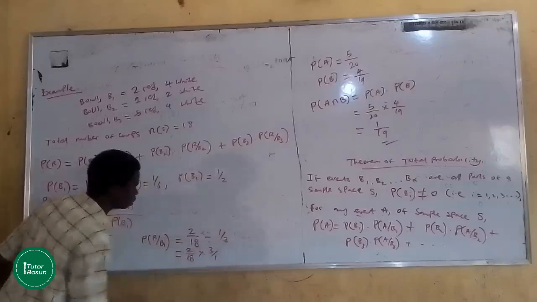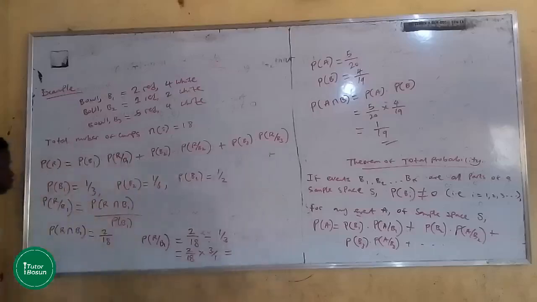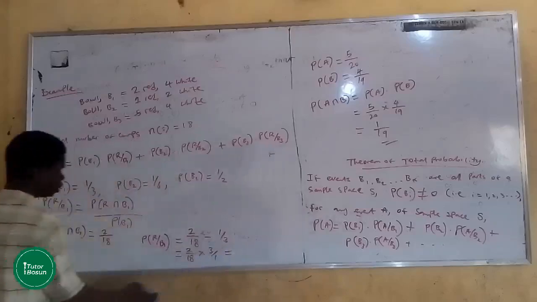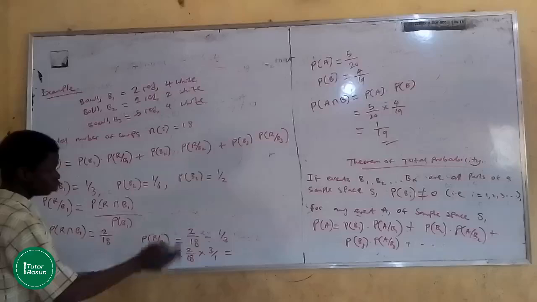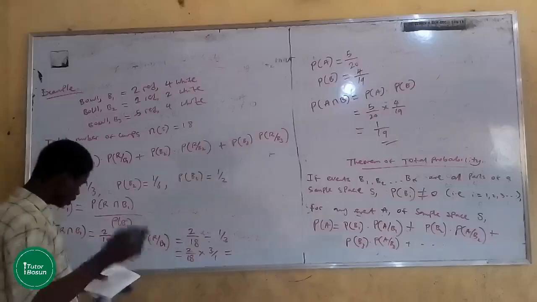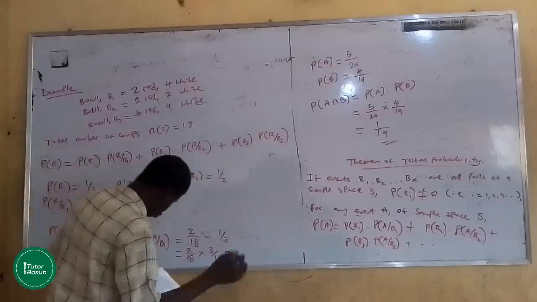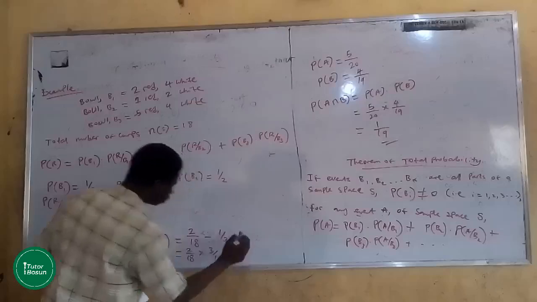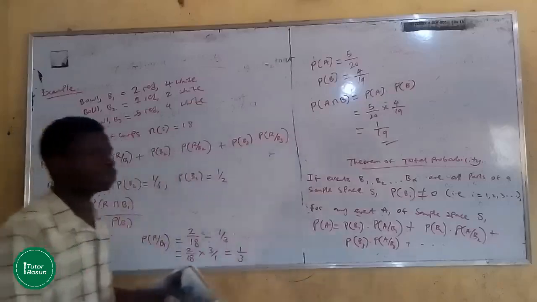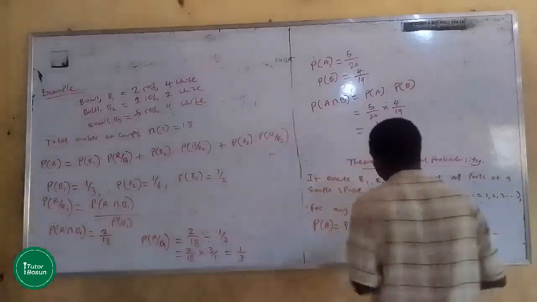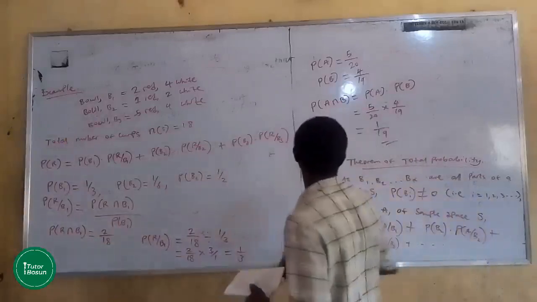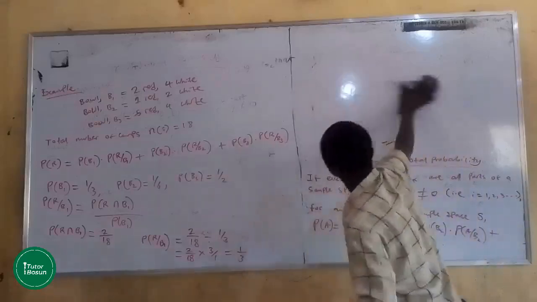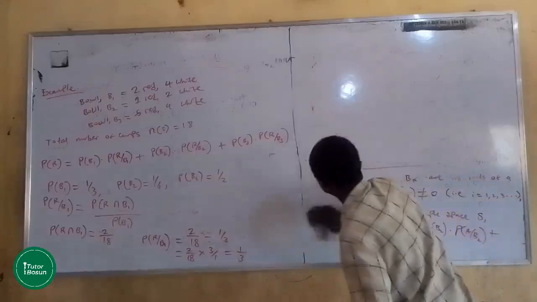We do that very well. 3 times 2 gives 6, so we have 2 over 6, which amounts to 1 over 3. So the probability of R given B1 equals 1 over 3.